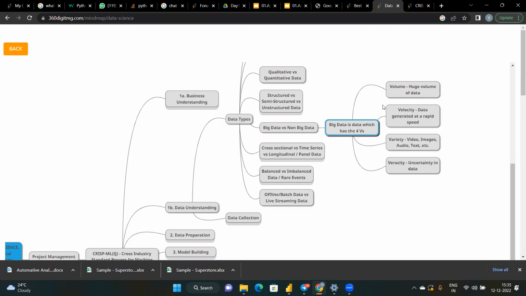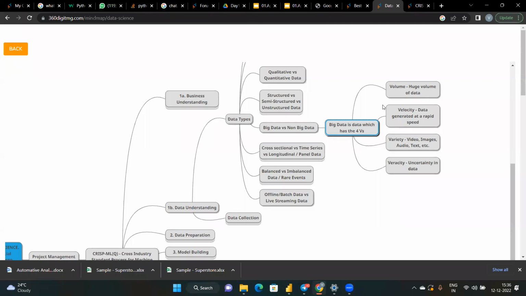Traditional data is generated at enterprise level, while big data is generated outside the enterprise. Non-big data is generated at the basic enterprise level, like the transactions of your money, a simple example if you want to understand easily. And big data is generated outside the enterprise level, where you can't get any information.